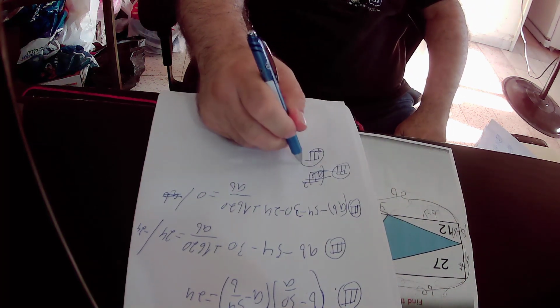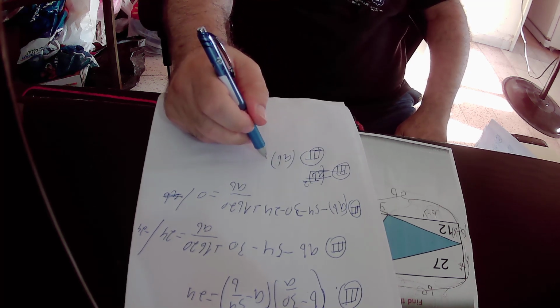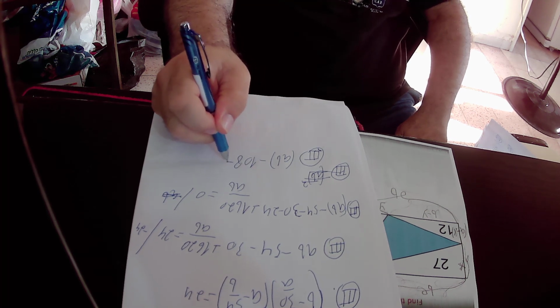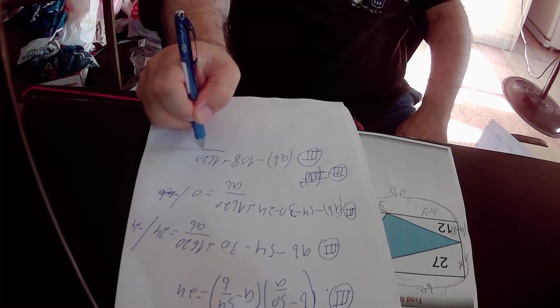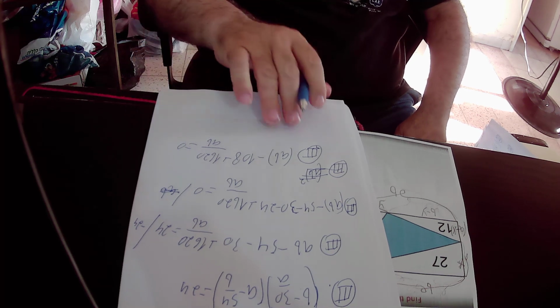So we have here that ab minus 108 plus 1620 divided by ab equals 0.